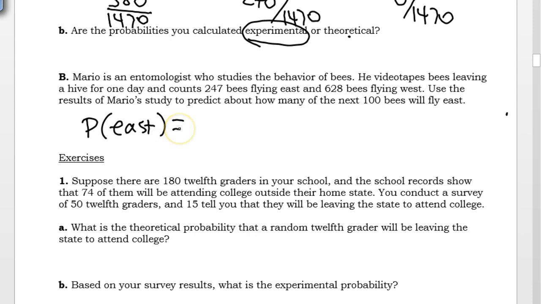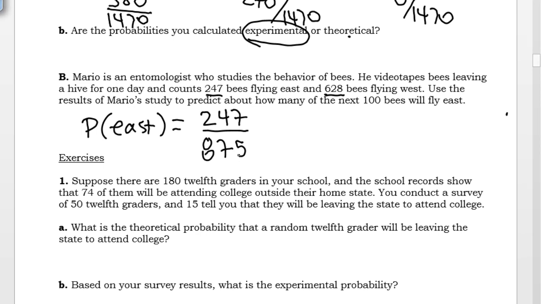The probability of flying east would be the number that we observed going east out of the total number that we observed, and that would be these two put together. So it looks like we're going to have 875. So that's the probability of going east.